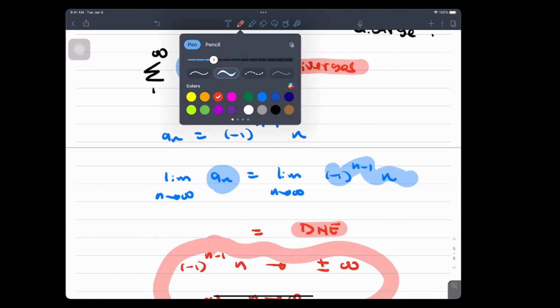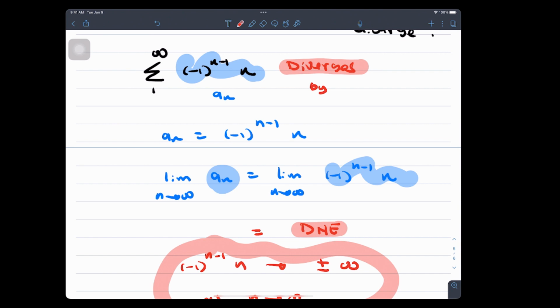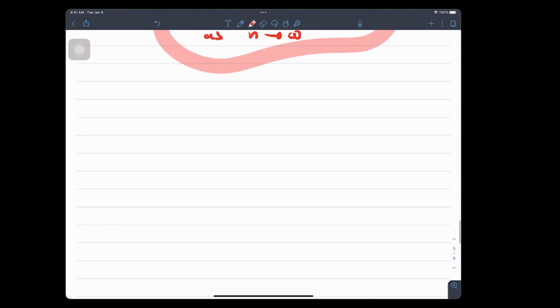Yes, by the divergence test. Absolutely. Or say test for divergence. Doesn't matter. Divergence test or test for divergence. You want to let people know that, because if you guys remember, what was that test, by the way? If the limit of a_n is not 0 or does not exist, then we can say the series what?